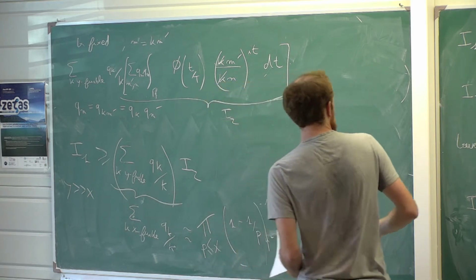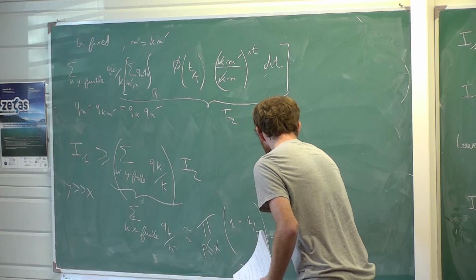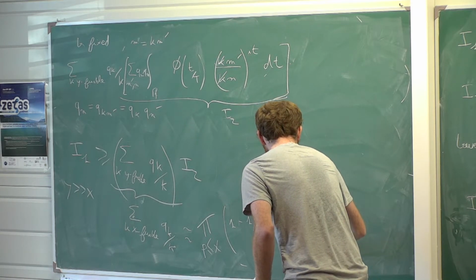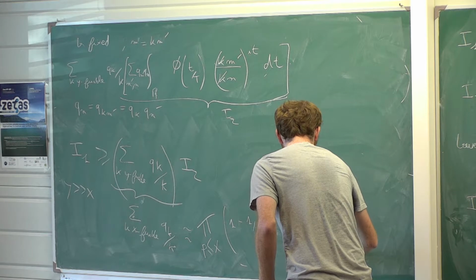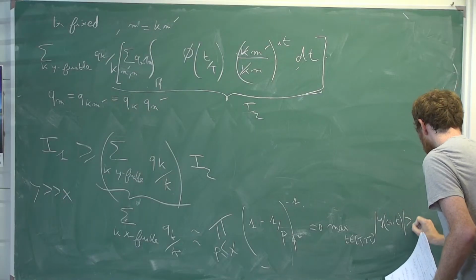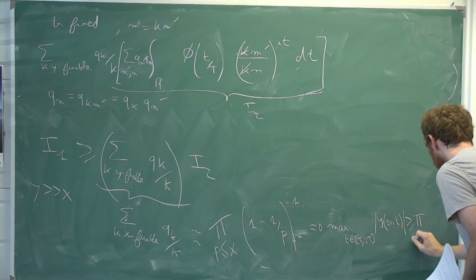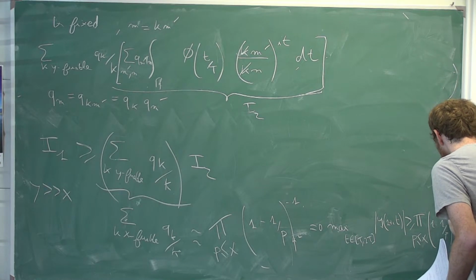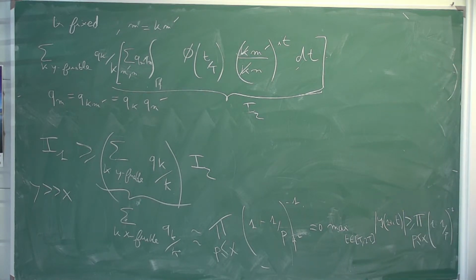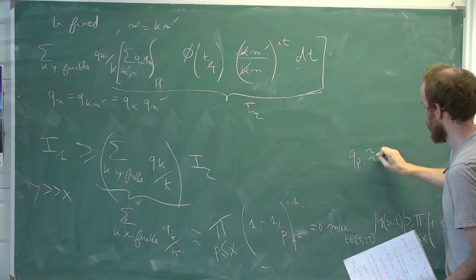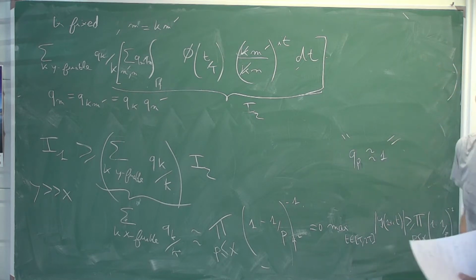So what you deduce from that is that the maximum of your zeta function is going to be bigger than this product, if q_p is close to 1 and you can do it precisely.